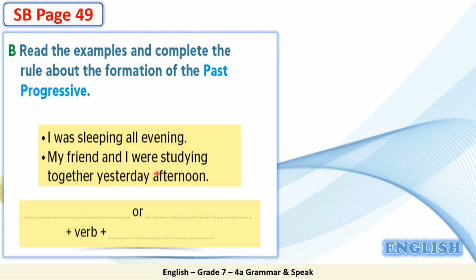My friend and I were studying together yesterday afternoon. Now what do you notice about the formation of the past progressive? Was or were are both used and followed by the ing form of the verb. Excellent students, you could work out this task.